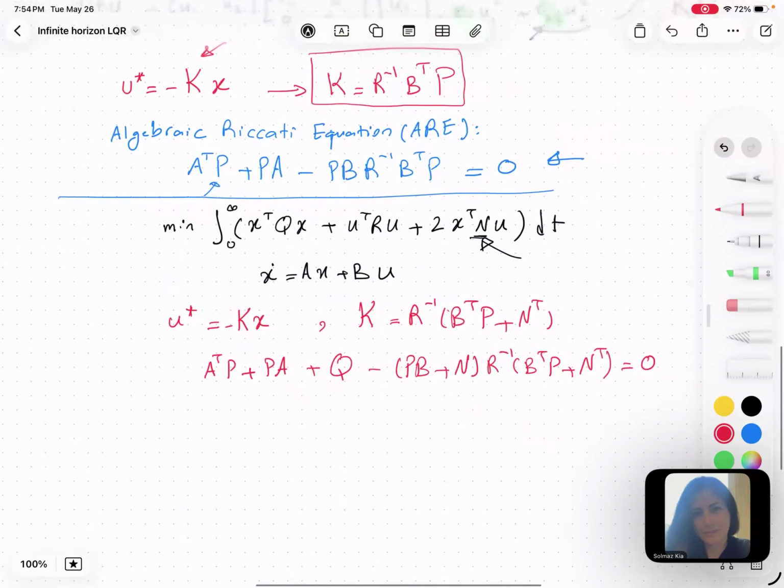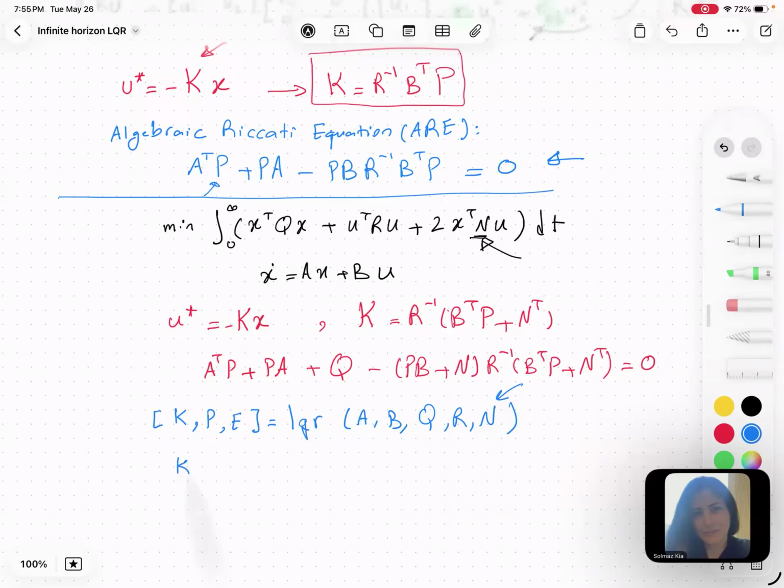Equal to 0. So if we consider this matrix structure, MATLAB has a simple command, which is the LQR command. You can use it in a format like this. This is LQR. You provide the A, B, Q, R, and N, and many times you can put N equal to 0 or empty.